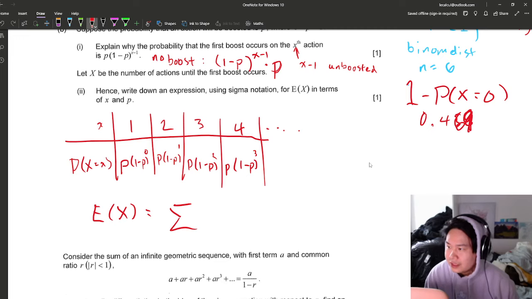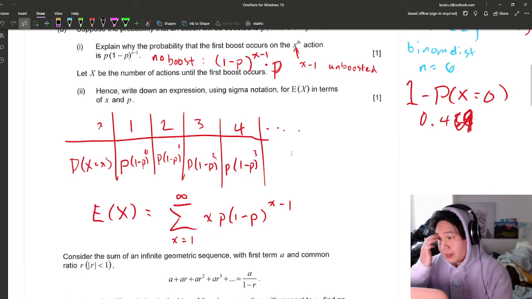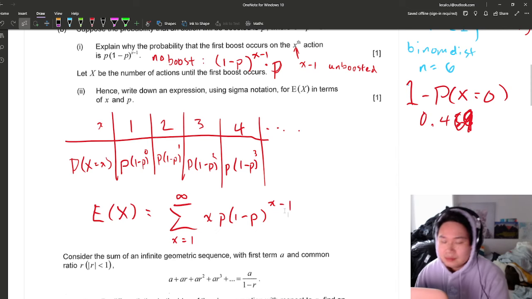So this is from X equals 1 to, I guess, infinity. And then it's just X times... Oh, I guess I didn't need to fill out the table, but it helps you guys see what's happening, right? We just multiply these two together and then sum them up like this.